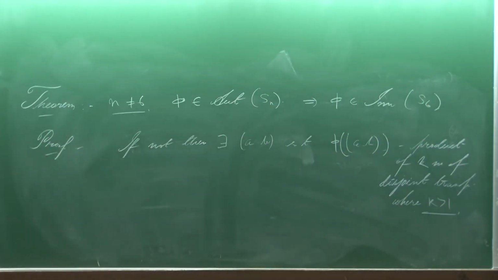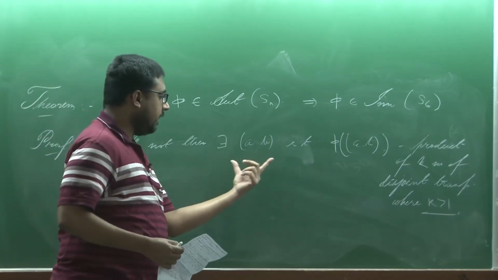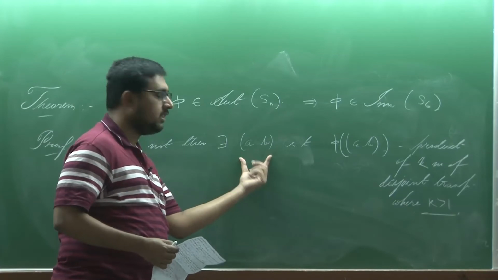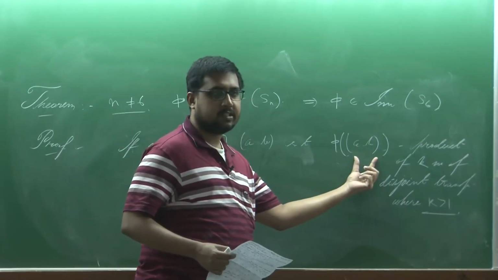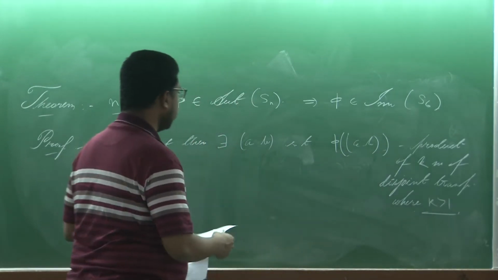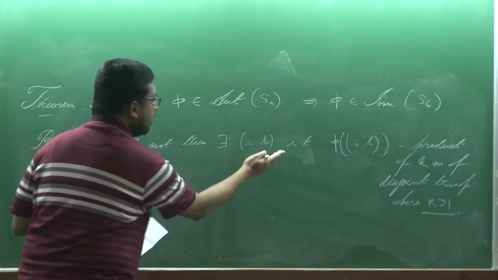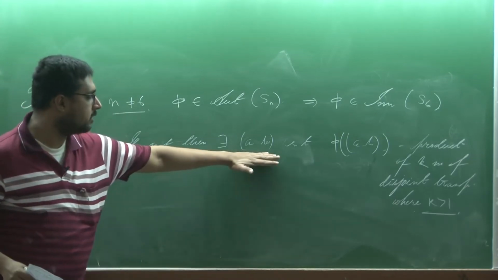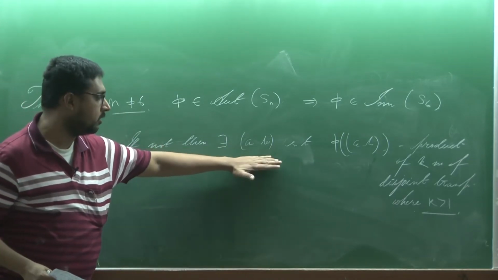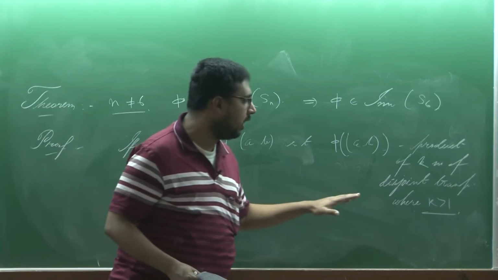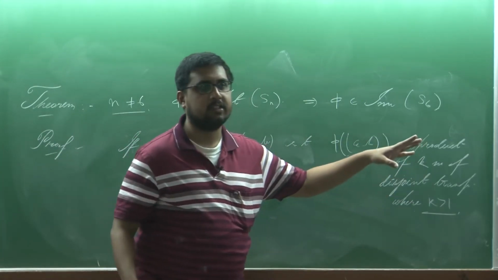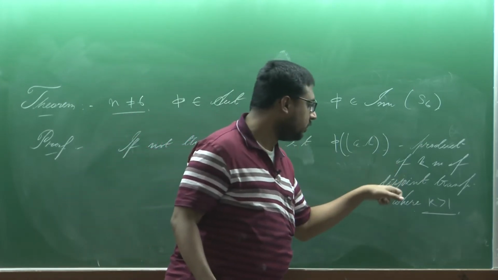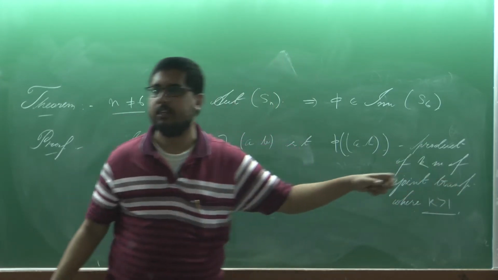Now, since phi is an automorphism, anything which lies in the conjugacy class of AB goes to the conjugacy class of this. Therefore, the whole conjugacy class of this transposition goes to the conjugacy class consisting of all permutations which are products of k disjoint transpositions.